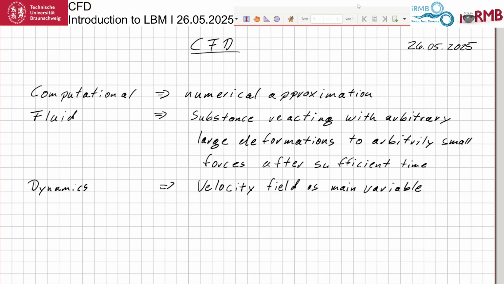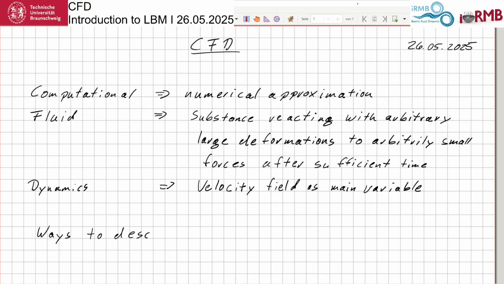Okay, so why am I talking about kinetic fluid, what we call here kinetic fluid dynamics?